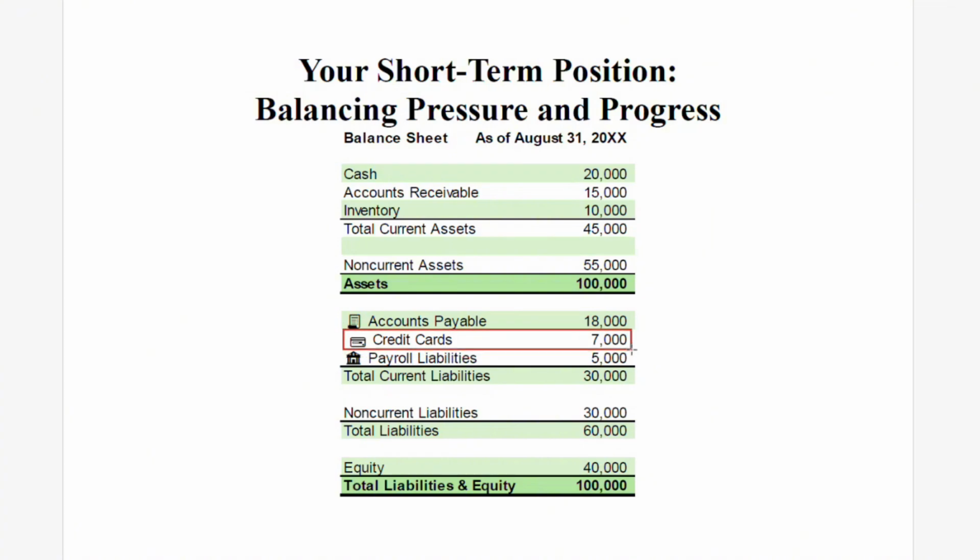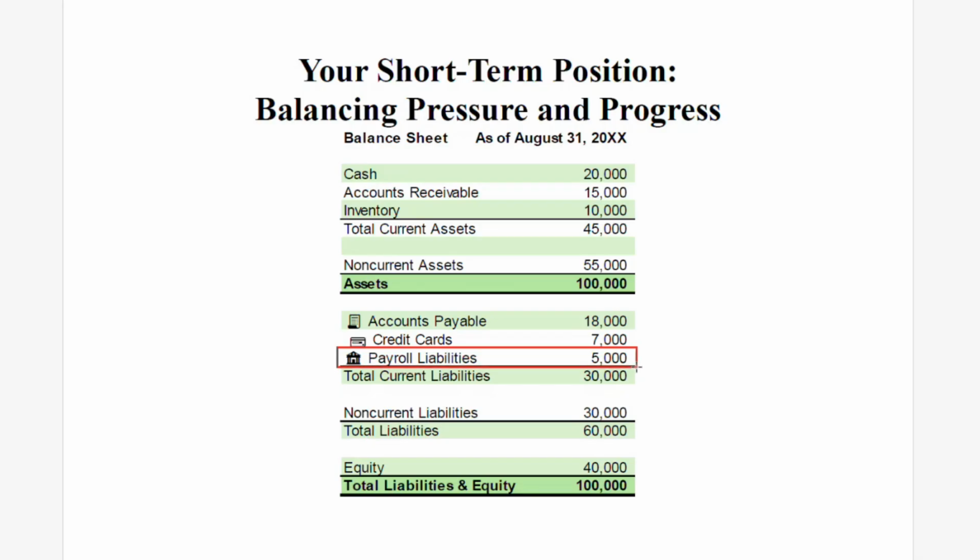We all know what credit cards are. It's a very common tool that small business owners use. I use it myself. And so anyway, the expenses are incurred when you swipe that credit card, and then you pay it later, all right?